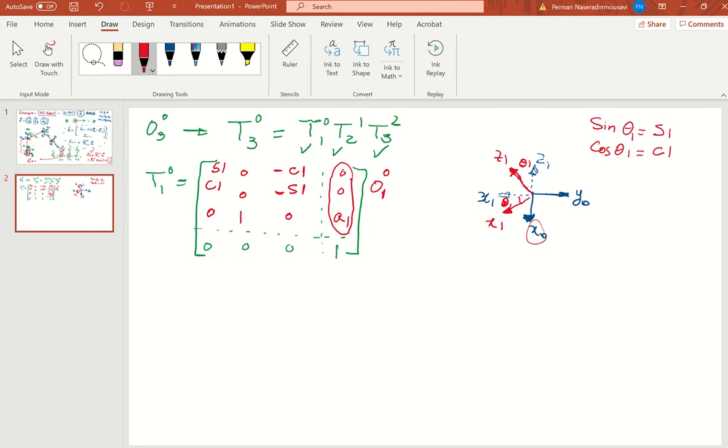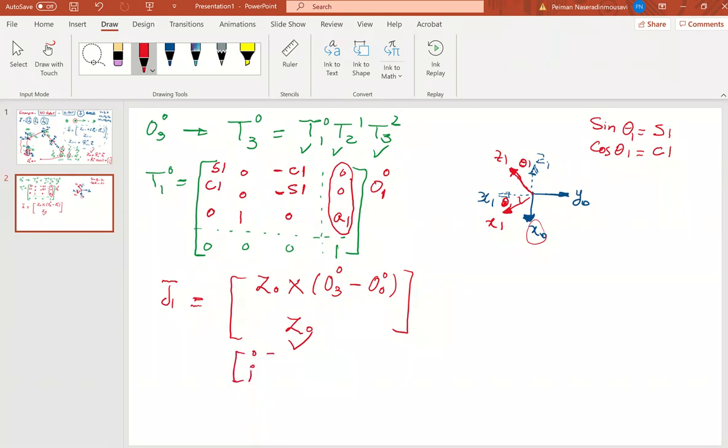So, on the other hand, for J1, which is Z naught cross product of O3 with respect to the base coordinate system minus O naught, we have Z naught, which is 0, 0, 1.